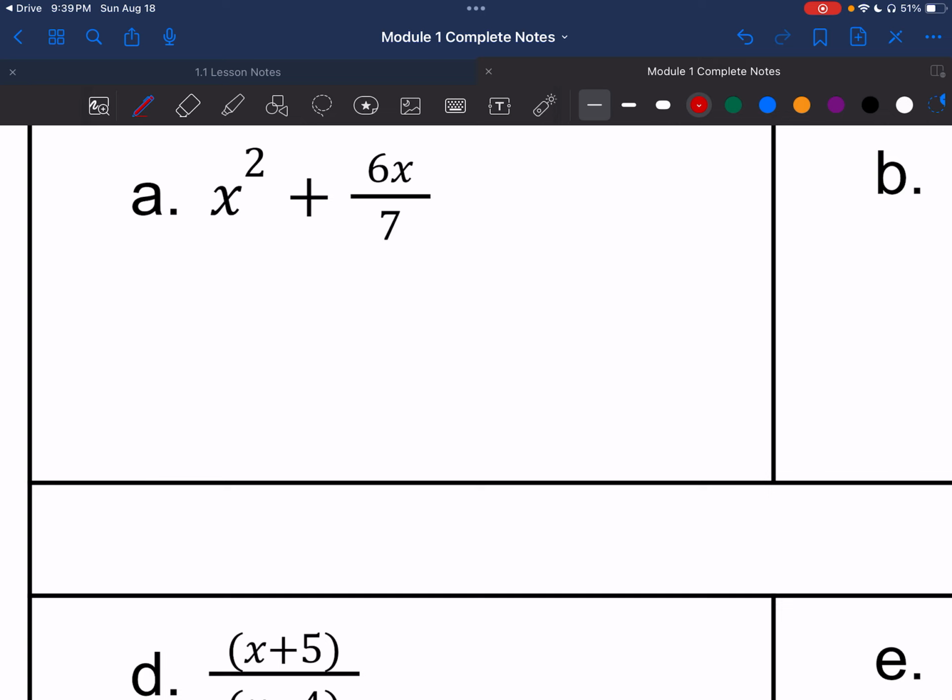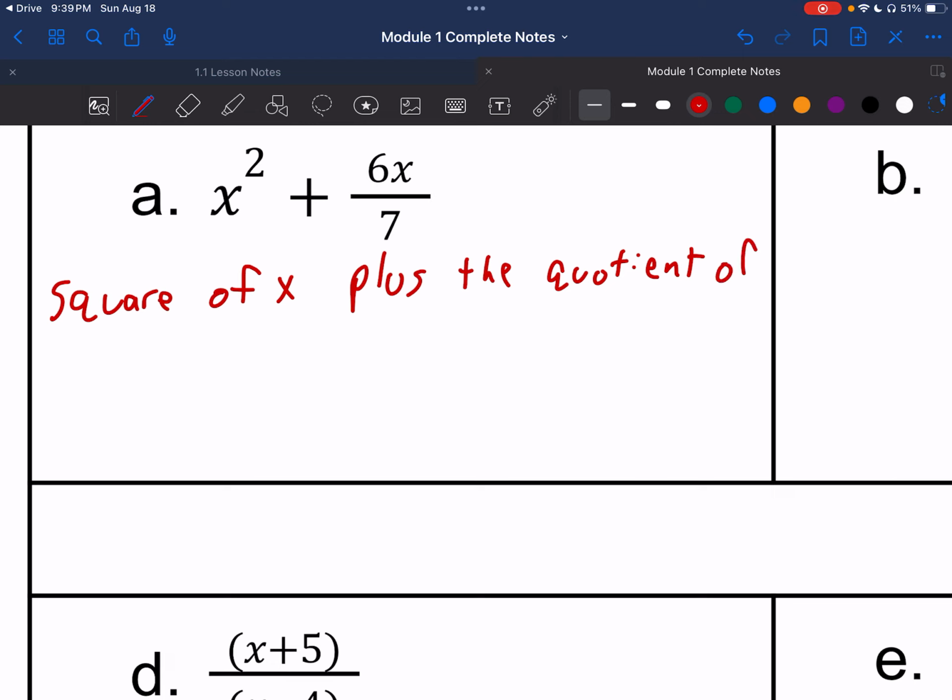So we could say something like the square of x plus the quotient of 6 times x and 7.